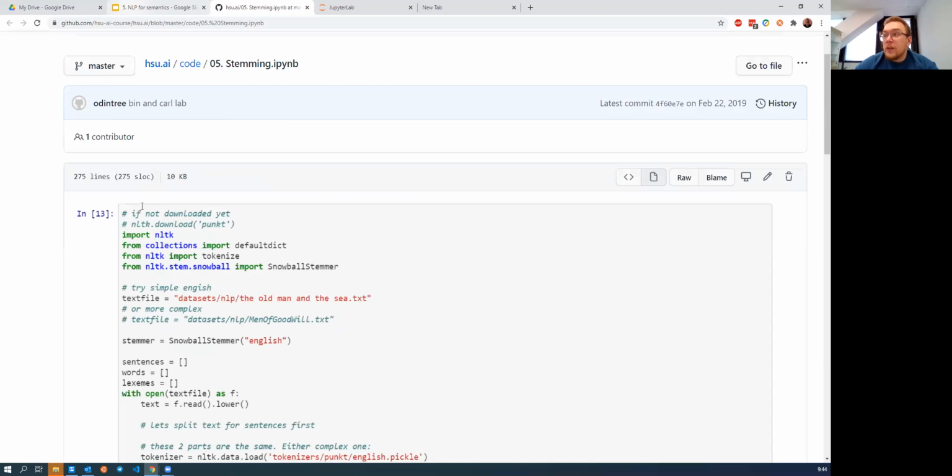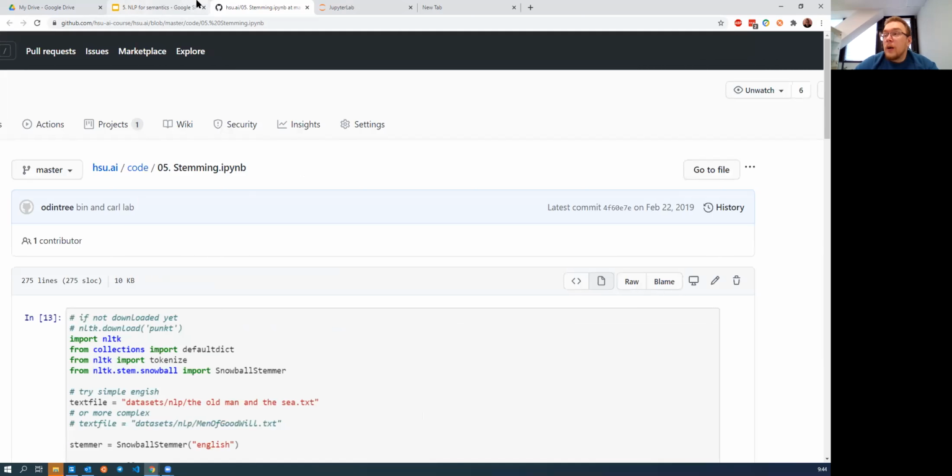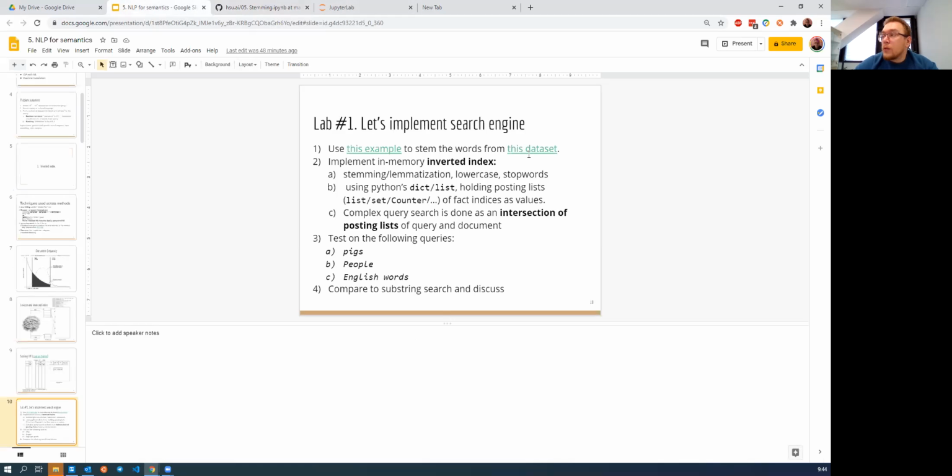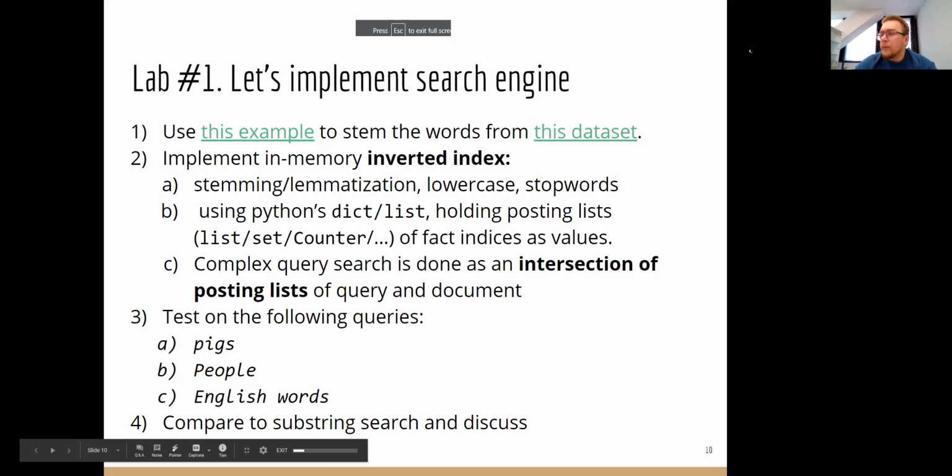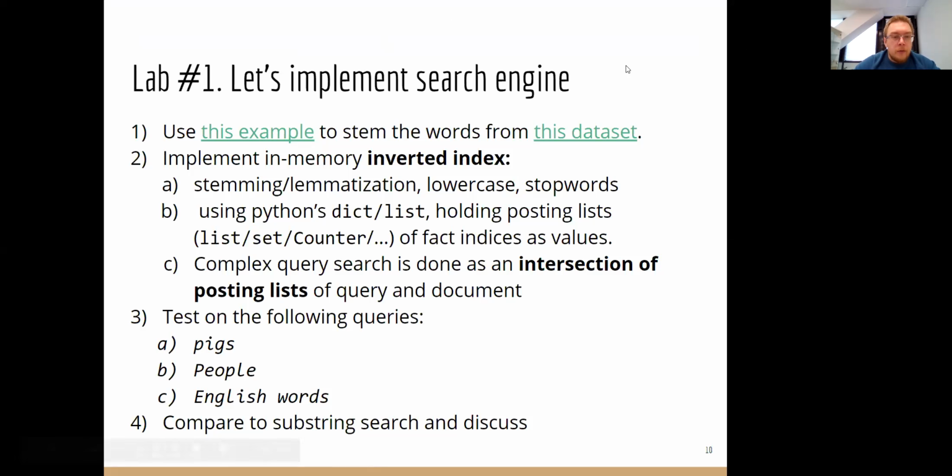Okay, so please study this example and solve the following task. Please build an inverted index for this data set. So it's the set of facts. And your task is to do the following.